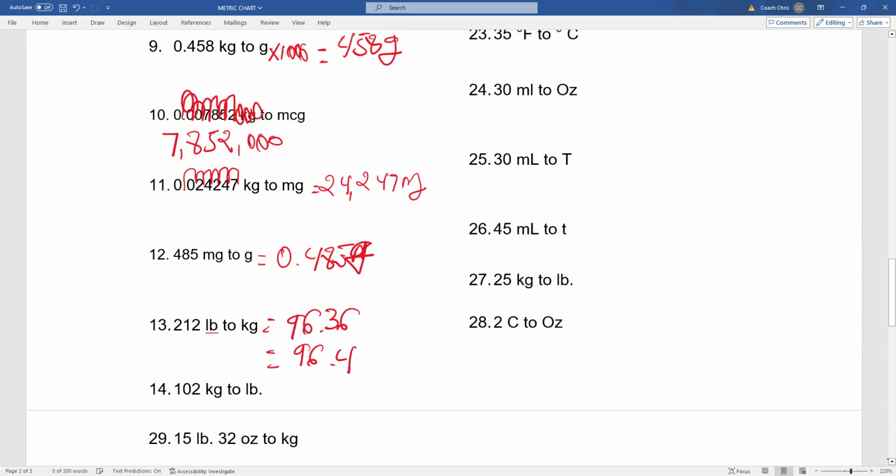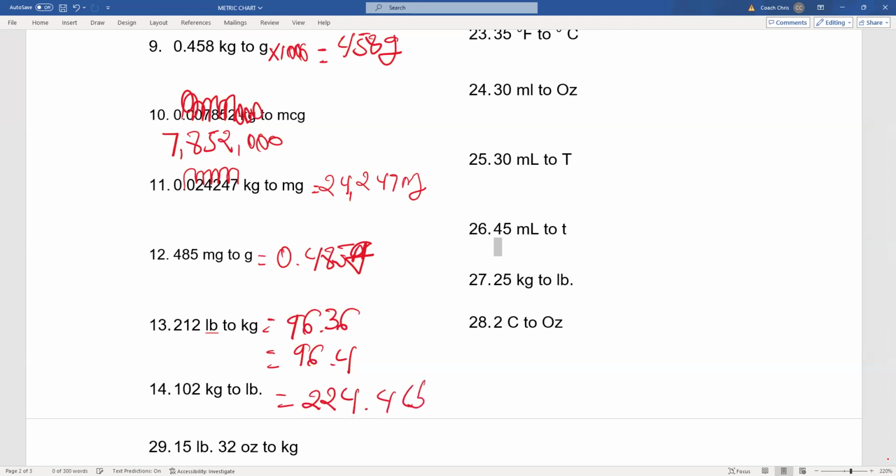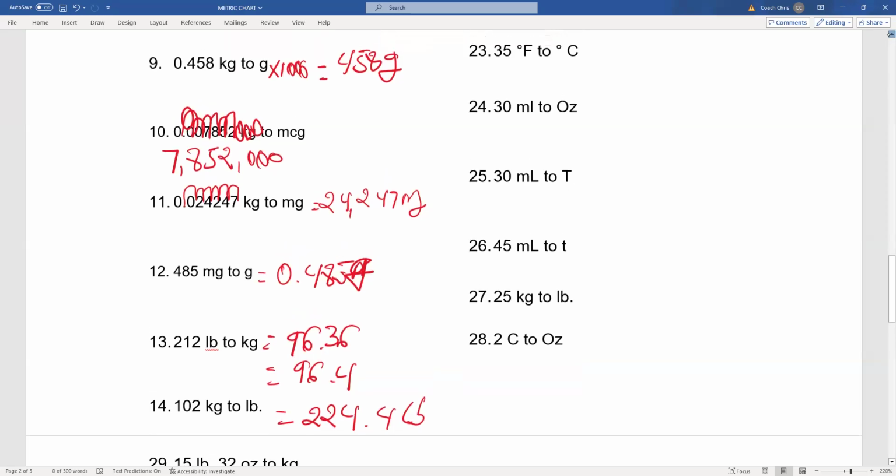You have to know how to round. So when you have a kilogram, number 14, kilogram to pound, you have to multiply by 2.2. So once you do that, you have 224 pound.